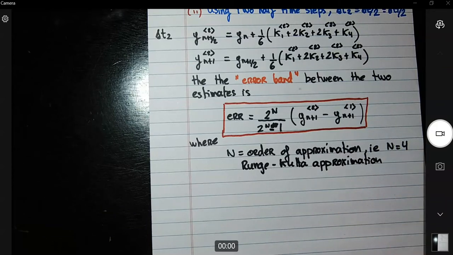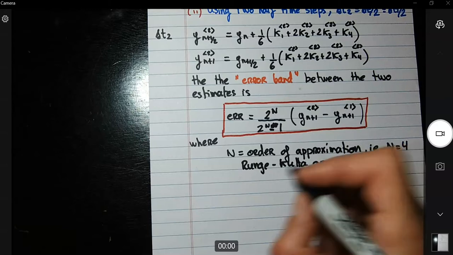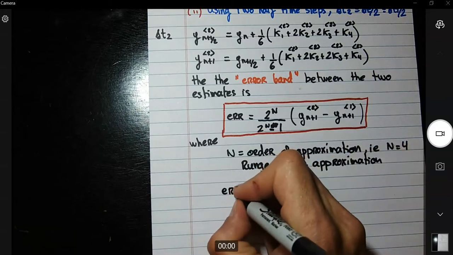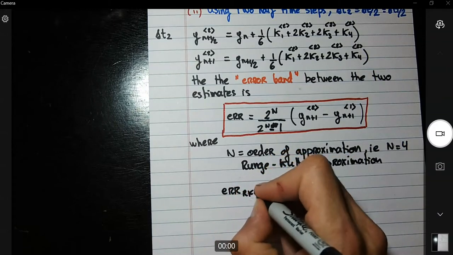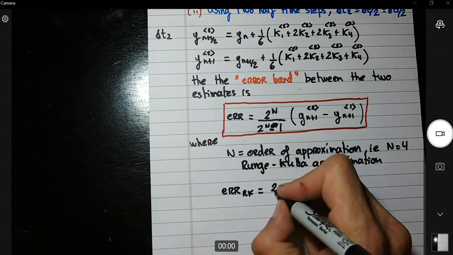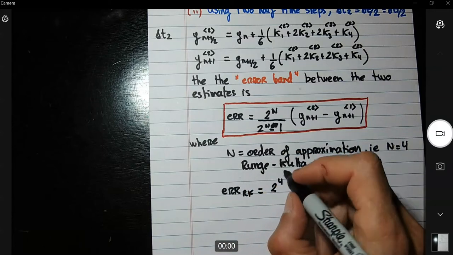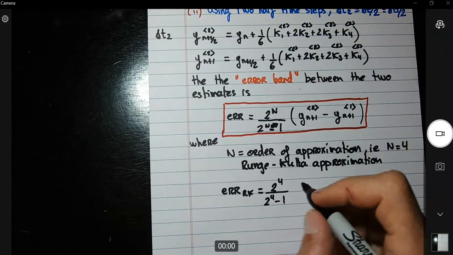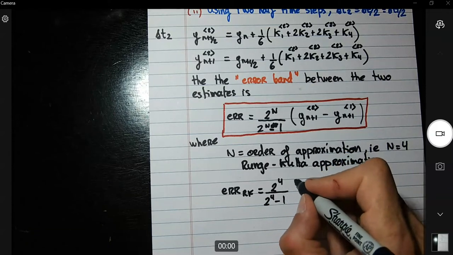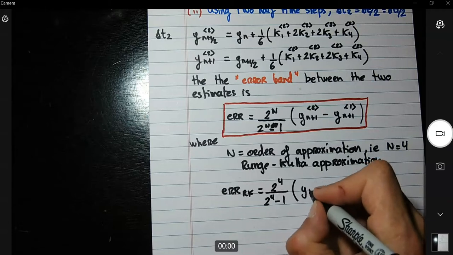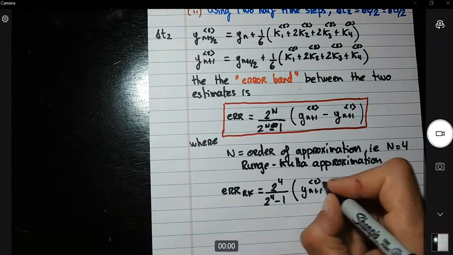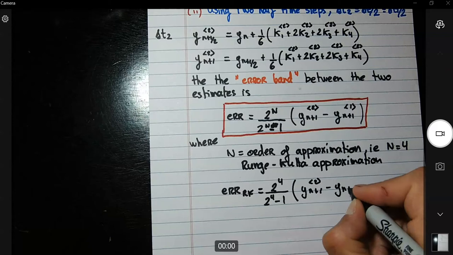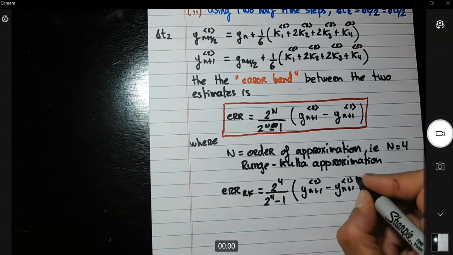Alright, so in that case, let's see what would be the expression for the error. The error for Runge-Kutta will be 2 to the 4 divided by 2 to the 4 minus 1 times y n plus 1 2 minus y n plus 1 1.